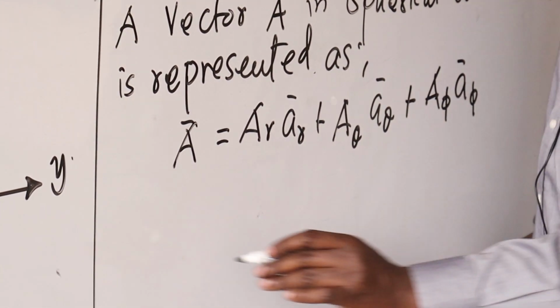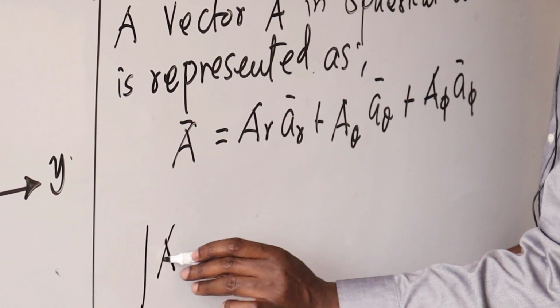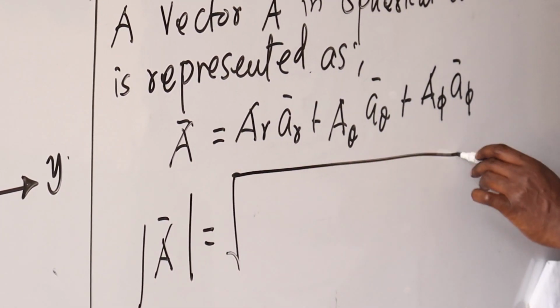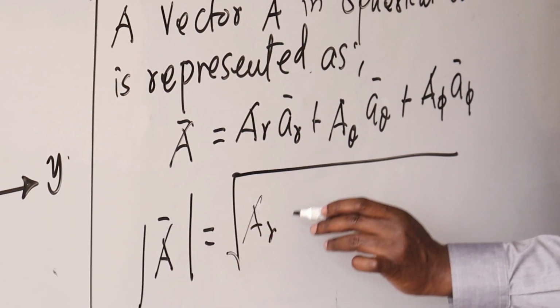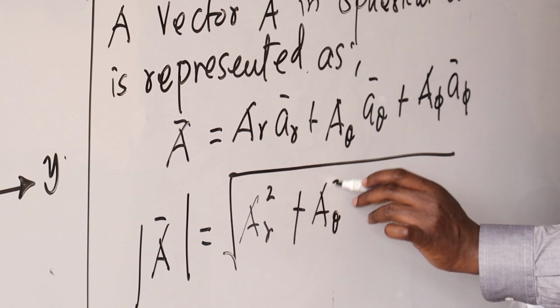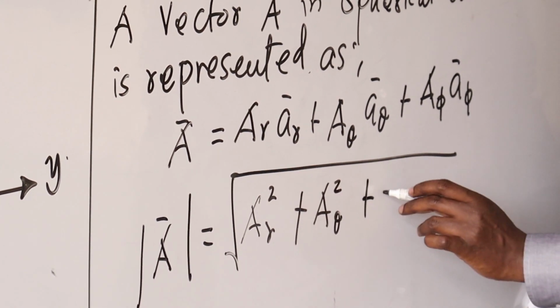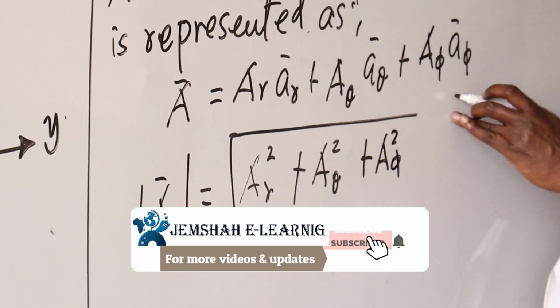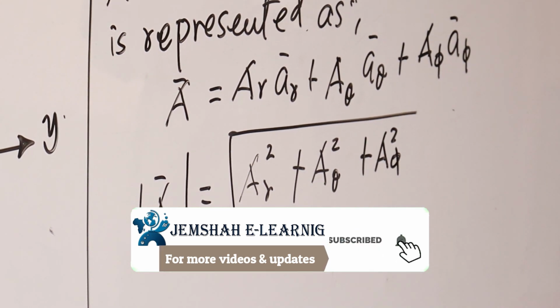So this is our vector. Definitely the magnitude of that vector must be the same as the root of AR squared plus A theta squared plus A phi squared.